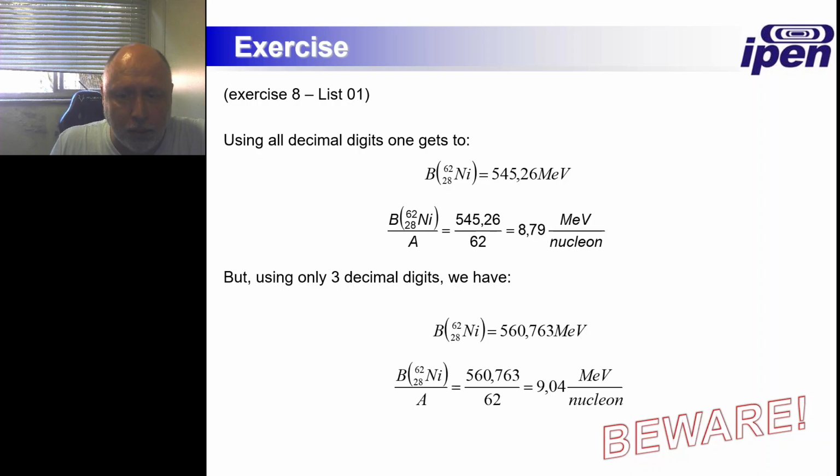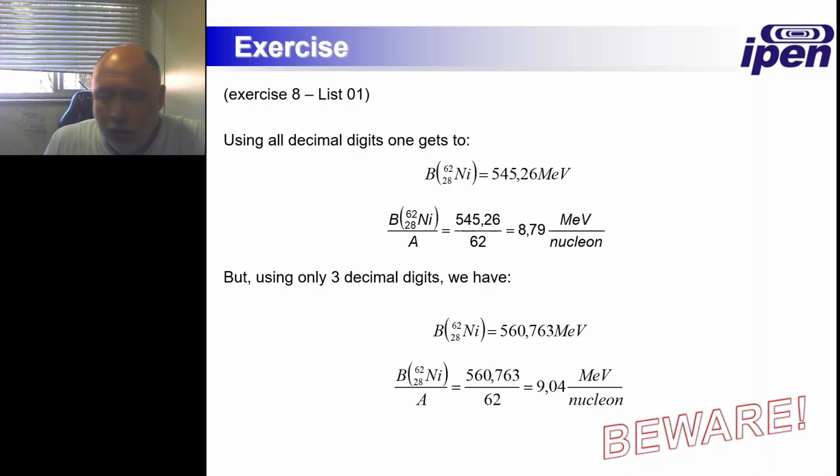Nevertheless, in my tests and in my exercises, I want you to do the math with the number of digits I gave you, just to avoid making mistakes. But if you want to do anything really serious in your work or anywhere, you have to use all decimal digits. Otherwise, you get to very weird places, right?